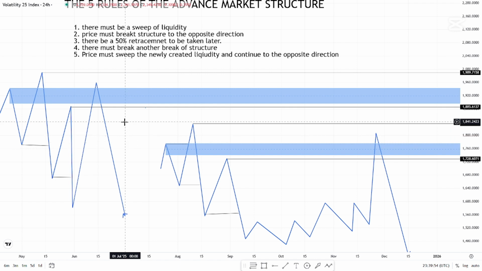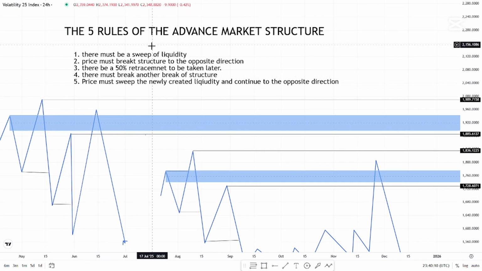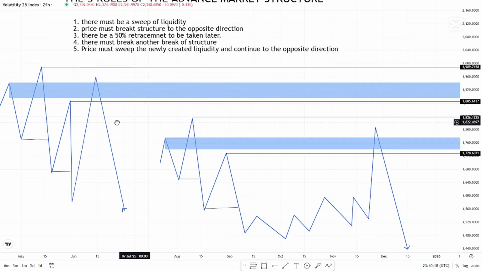There's also a B plus setup. The only difference is that the B plus setup has just one break. Now this is the setup, the advanced market structure rules for when you want to sell. So I'm also going to give you the advanced market structure rules for when you want to buy.